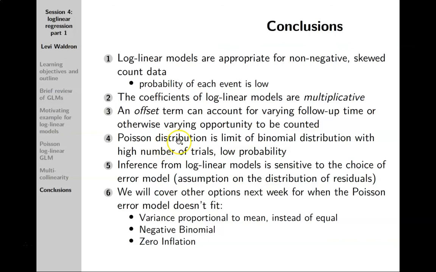Recall that the Poisson distribution is the limit of a binomial distribution when you have a high number of trials with the probability of success in each one being low. I want to just point out now that inference from log-linear models, so the p-values and the coefficients and standard errors that you see in your model, is quite sensitive to the choice of this Poisson error model.